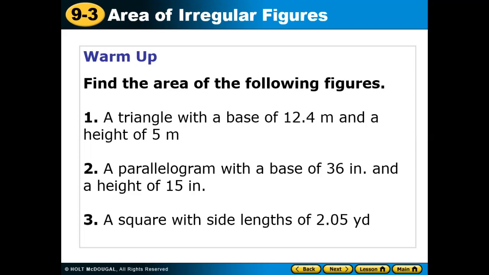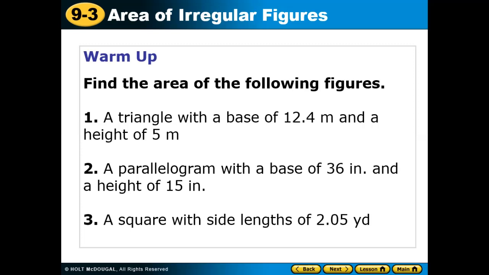Number 1, a triangle with a base of 12.4 meters and a height of 5 meters. Do you remember the area of a triangle? If you cannot remember, you can search on Google and tell me what the area of a triangle is. Did you find it? Write it in your notebook and keep it.